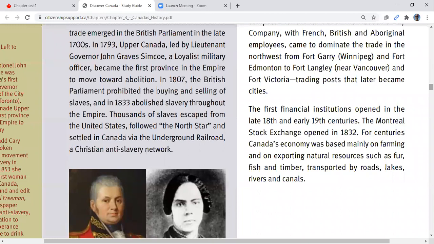And timber is just wood. It's just trees. That's just a fancy word for wood. And transported. So they moved the fur and the fish and the wood on roads, lakes, rivers and canals. And a canal is just like a man-made river. So that's what they're talking about there.